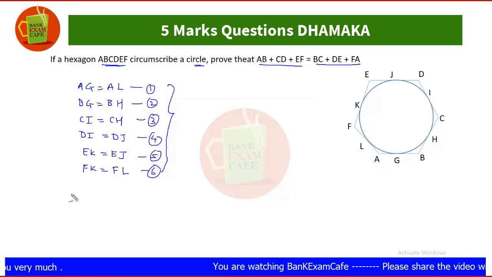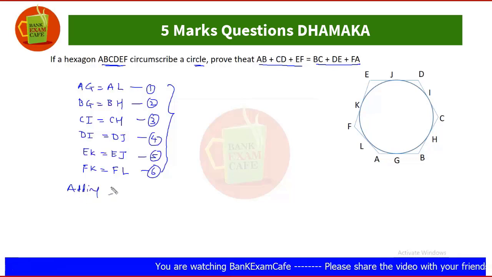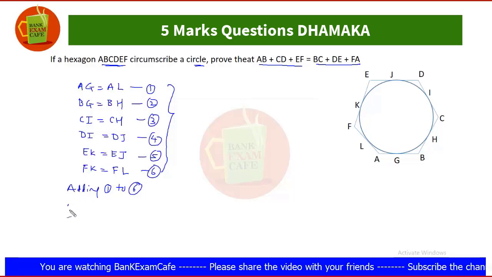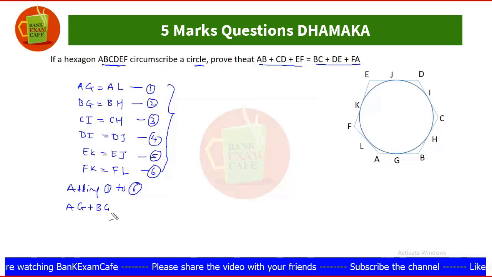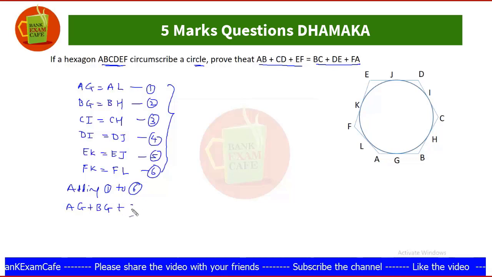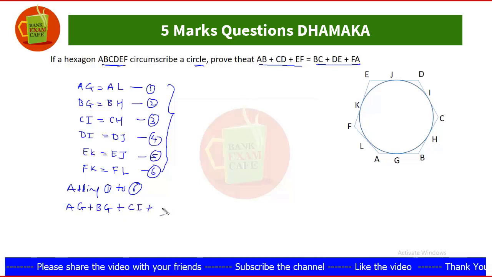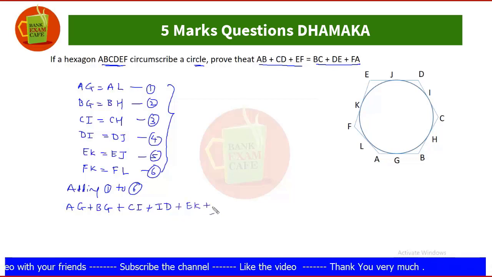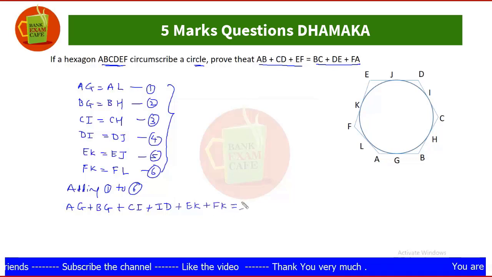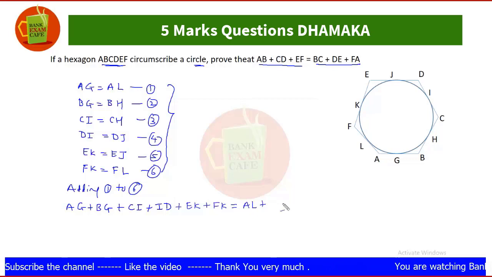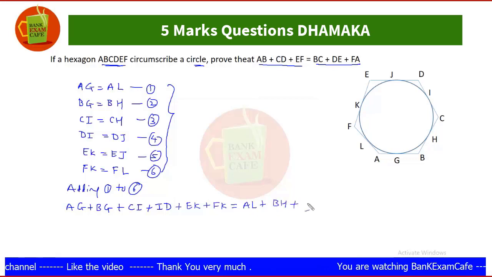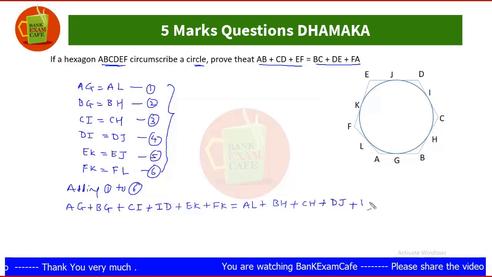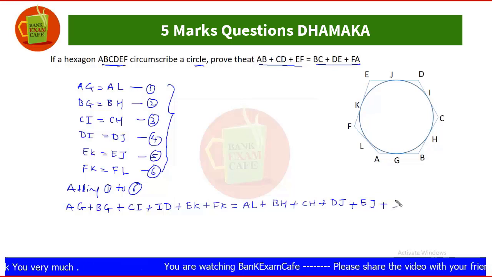And now adding 1 to 6, we will get AG plus BG plus CI plus ID plus EK plus FK, which is equal to AL plus BH plus CH plus DJ plus EJ plus FL.